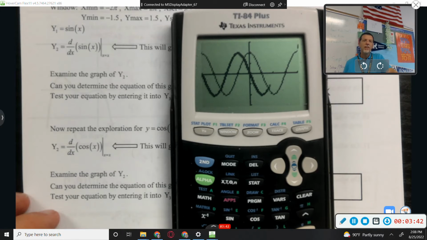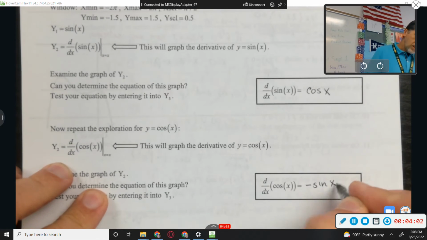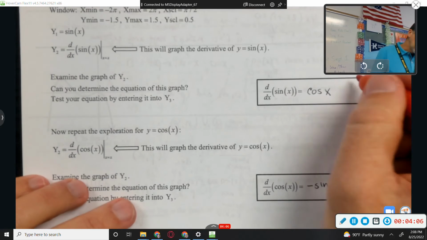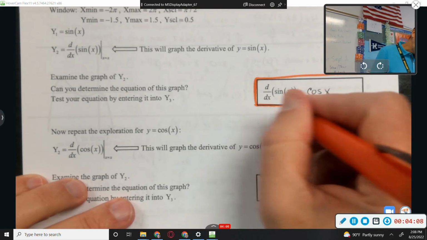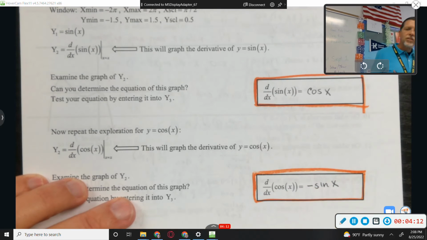Again, don't say it out loud, but look at that and see if you can think in your brain what function that is. All right, go ahead. What do you think it is? Negative sine. That's negative sine. This is going to mess people up all year long because they're so similar and yet the sign is different, so that's the tricky part.